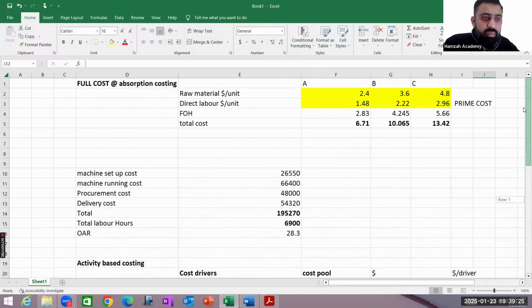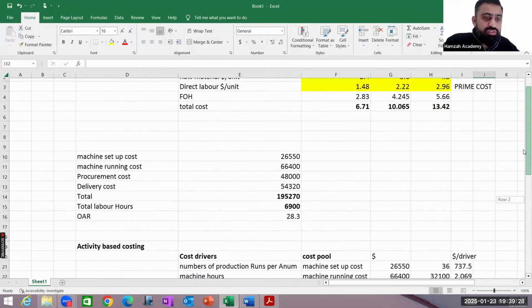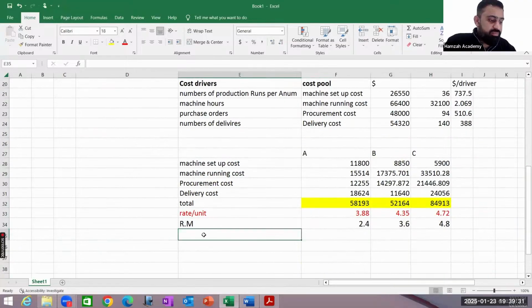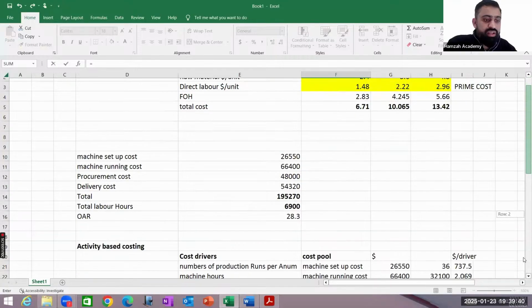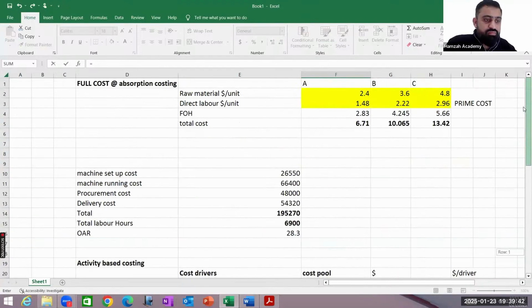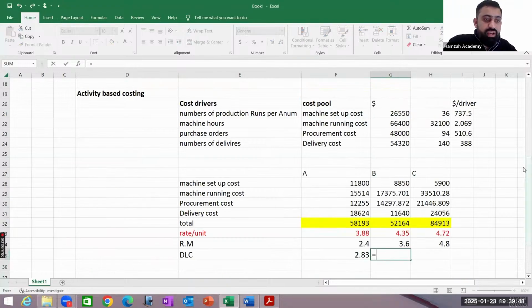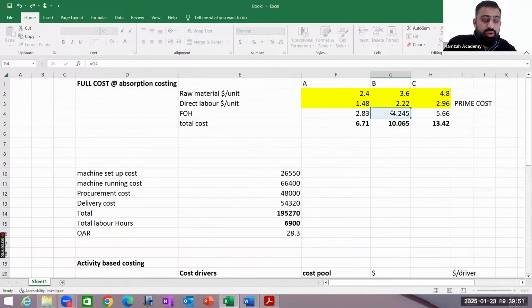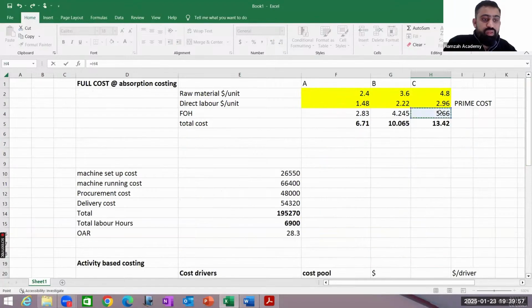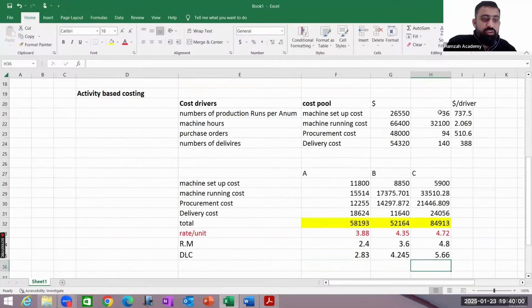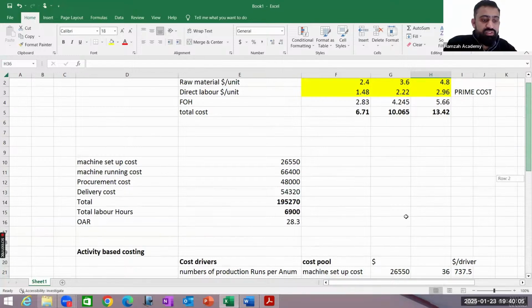Same as we have in absorption costing. Direct material and direct labor will remain the same in both systems. And the direct labor cost for A is 2.83.